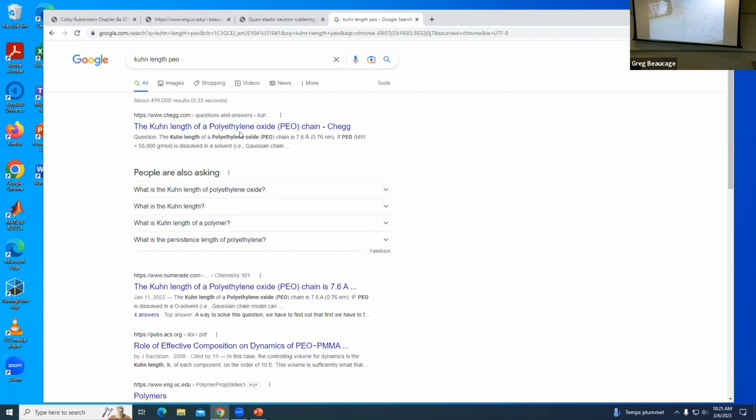So it's 8 times 10 to the minus 3 centimeter cubed. And if I flip that over, it's 125 moles per centimeter cubed.